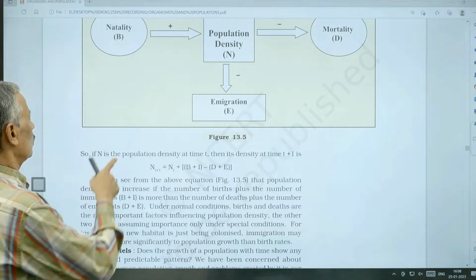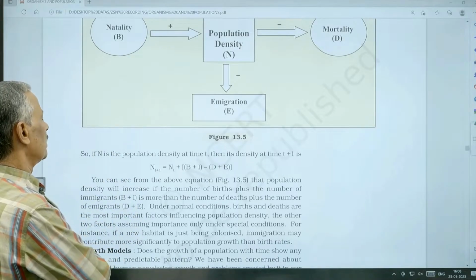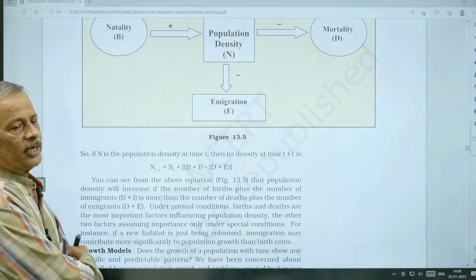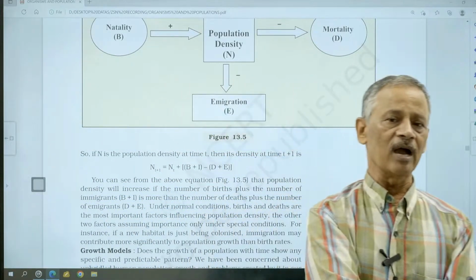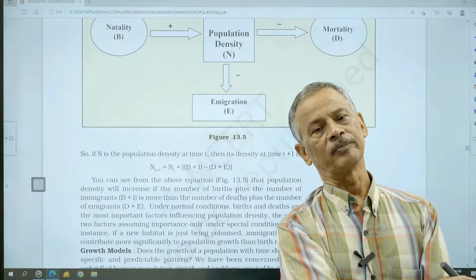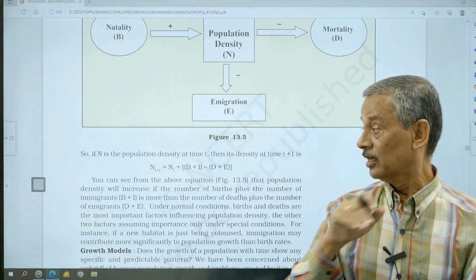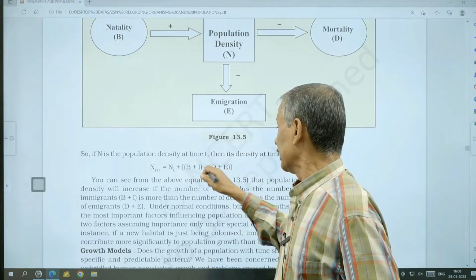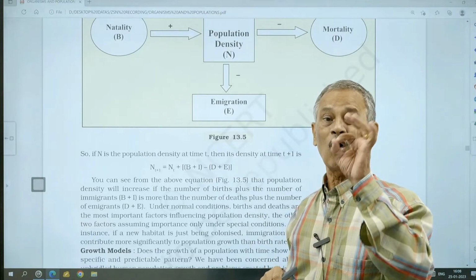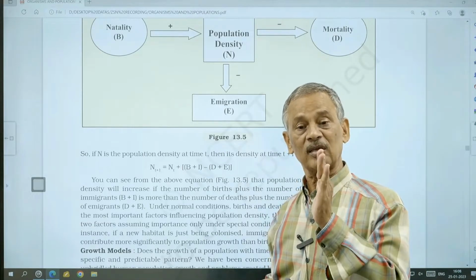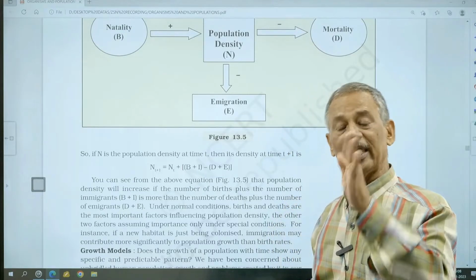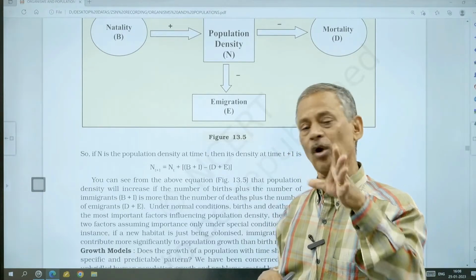Okay, so this will be giving you the new population density in an area after a time t. Remember that. Immigration and emigration are not usually very significant. They are significant only in some areas, in certain times only.